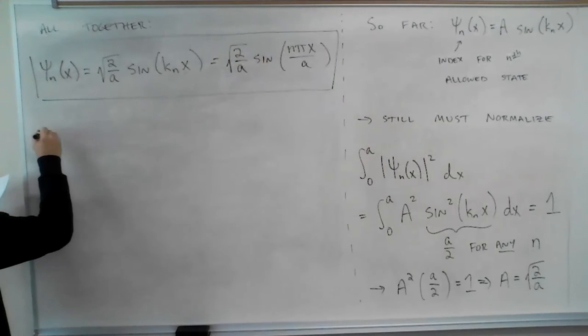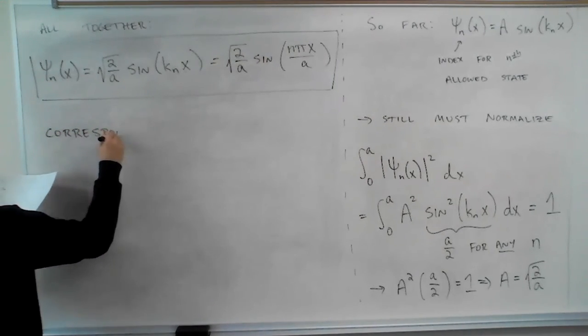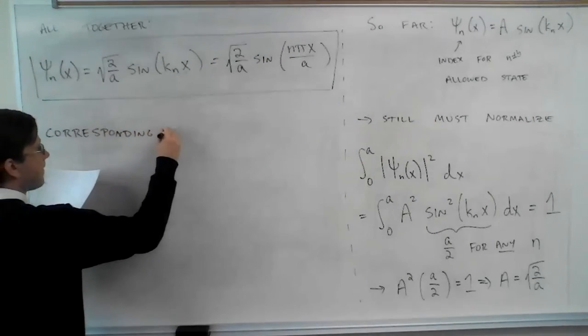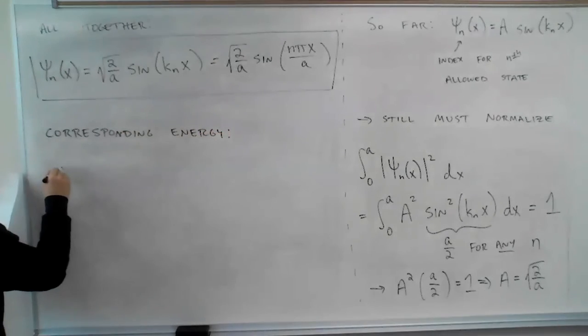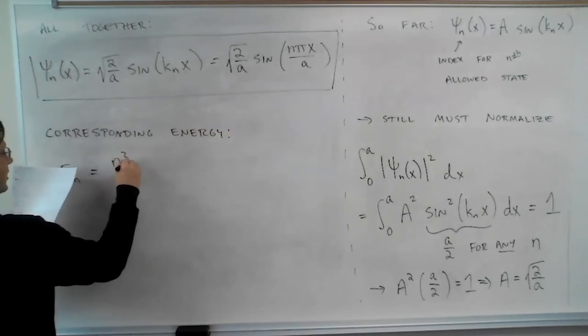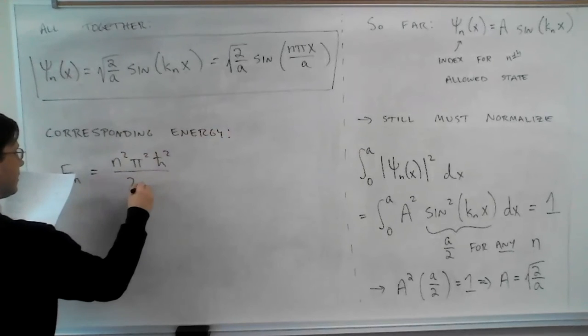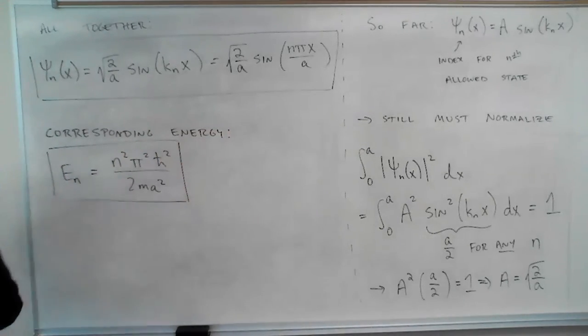And each of these solutions has a corresponding energy. E sub n is equal to n squared times pi squared h bar squared over 2 m a squared.